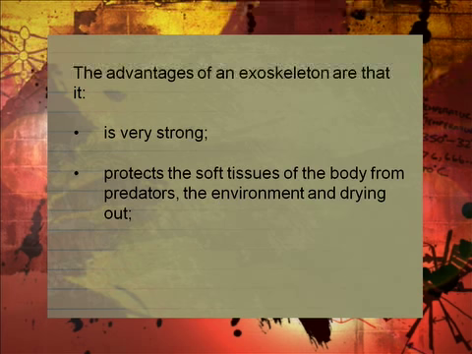It can also be formed in different shapes. So it's going to be able to allow for special organs to be formed for walking, jumping, and various different mouth parts, cutting mouth parts or sucking mouth parts. All different kinds of structures and organs can be formed out of the substance called chitin.